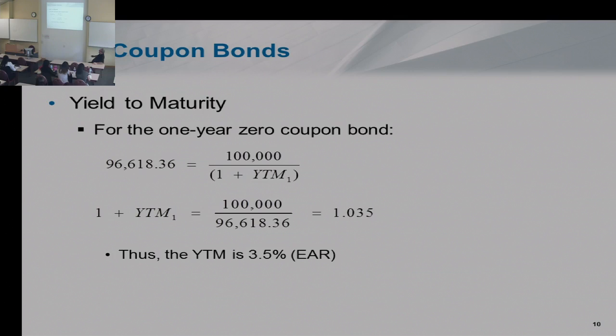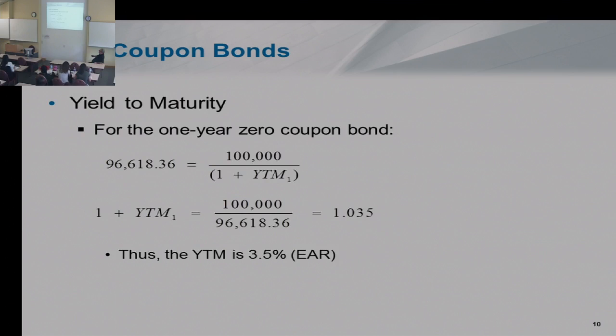You're a bond investor, do you calculate that the EAR, the yield, should be 3.5%, and therefore that the bond price will be 96,618? Or do you just pick the number 96,618 out of the hat? Or is it a combination?